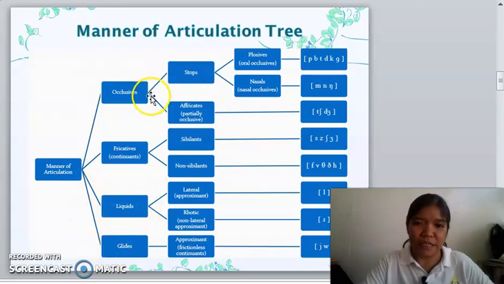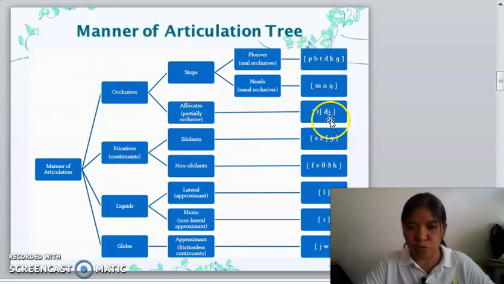In occlusives, we have stops and affricates. In fricatives, we have sibilants and non-sibilants. In liquids, we have lateral or approximant, and the rhotic non-lateral approximant. And then of course we have glides or approximant, or yung tinatawag nating semi-vowels. And then for stops, it's divided into plosives and nasals. And here are the sounds of the words produced in each manner of articulation.